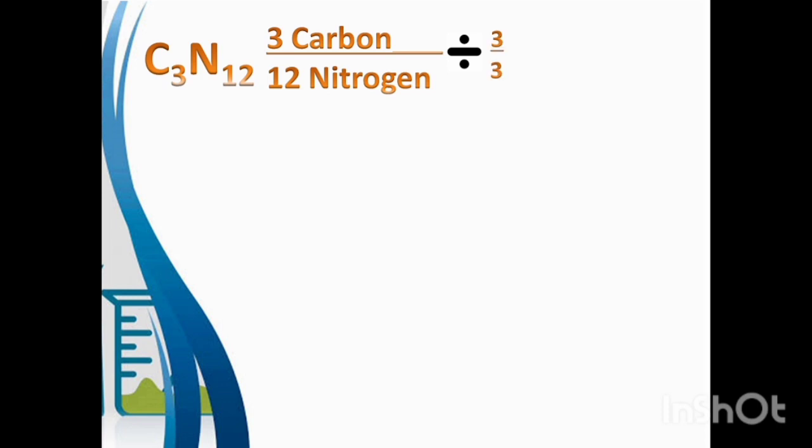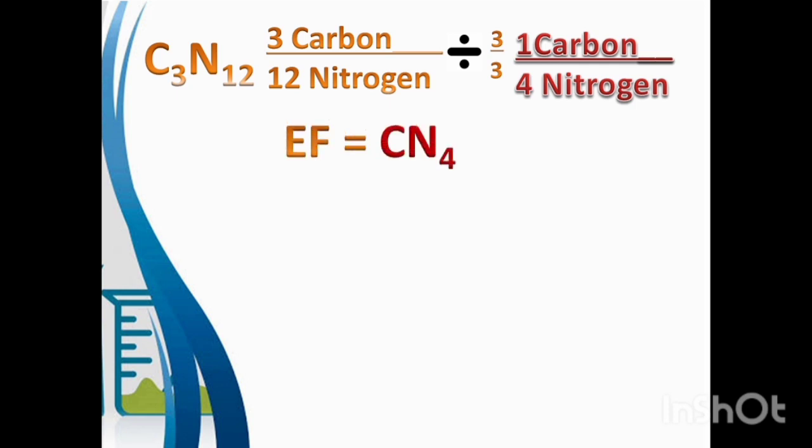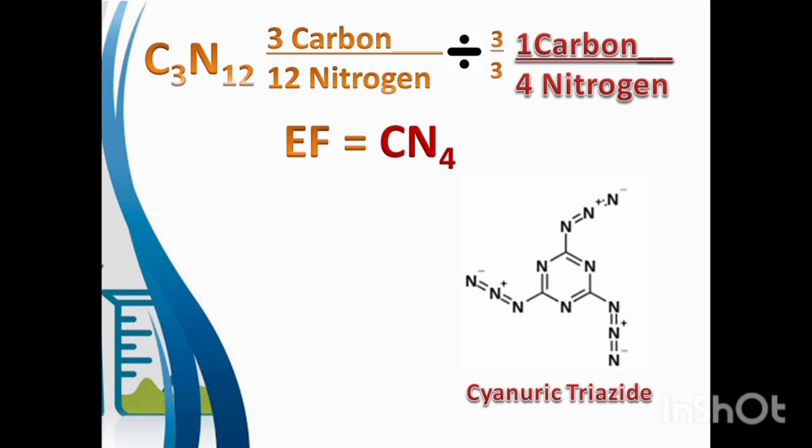So 3 divided by 3 equals 1 carbon, and 12 divided by 3 equals 4. So our simplest or most reduced formula, the empirical formula, is CN4, for cyanuric triazide.